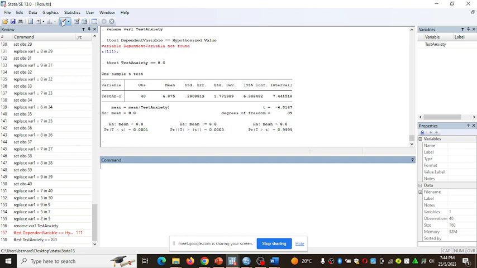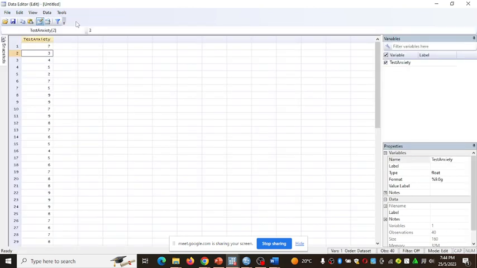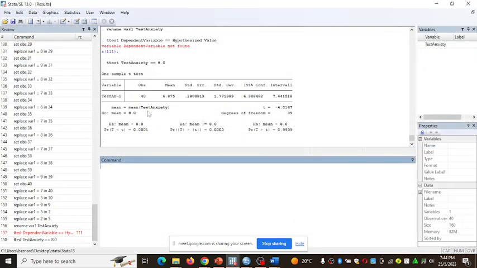We have the anxiety values here. Are we together at that point? We want to test the mean of test anxiety compared to the actual mean of 8.